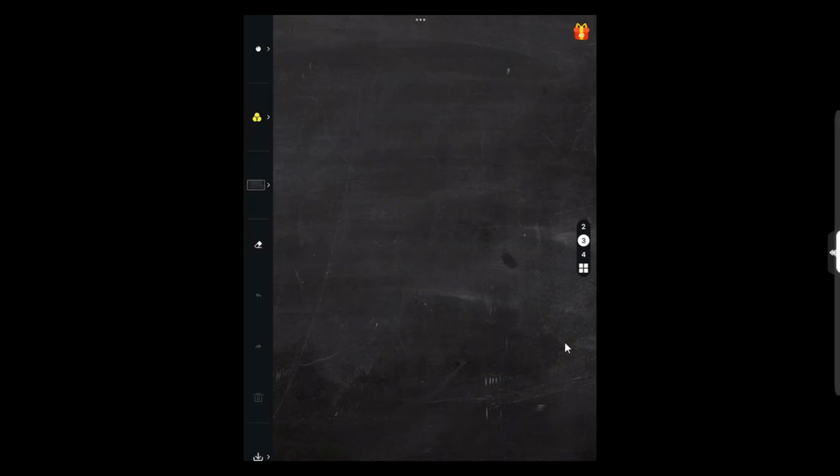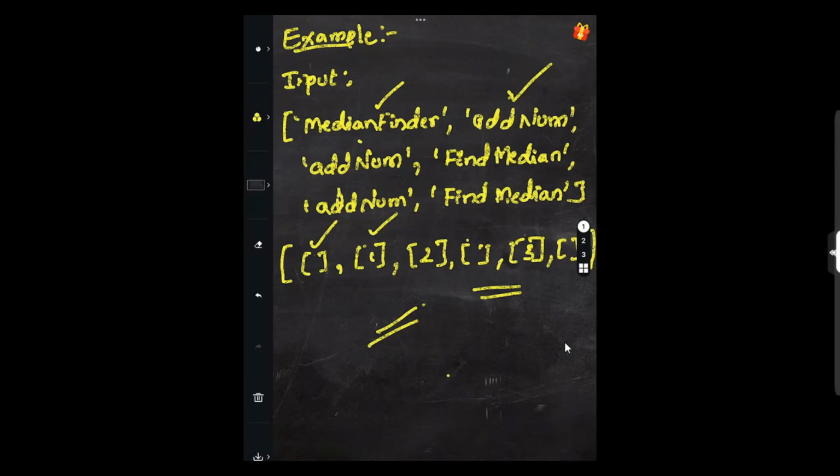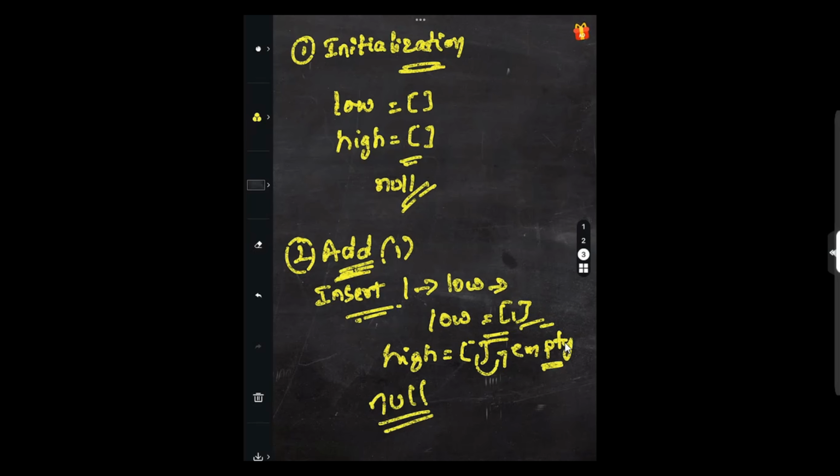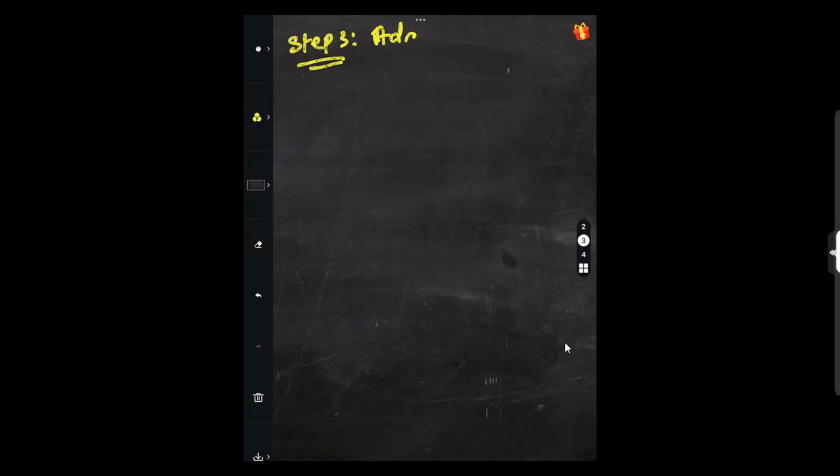Let's go with the third step here. What we need to consider here. Third step, add num of 2. Now we have to add 2 in this case. So insert 2 into low, right? We are just inserting this one to low.